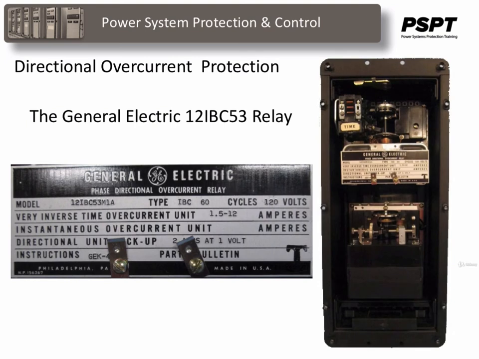The General Electric 12 IBC 53 relay comprises an overcurrent relay and a power directional relay in a single relay case. The power directional relay does not measure the power, but it is arranged to respond to the direction of the power flow.